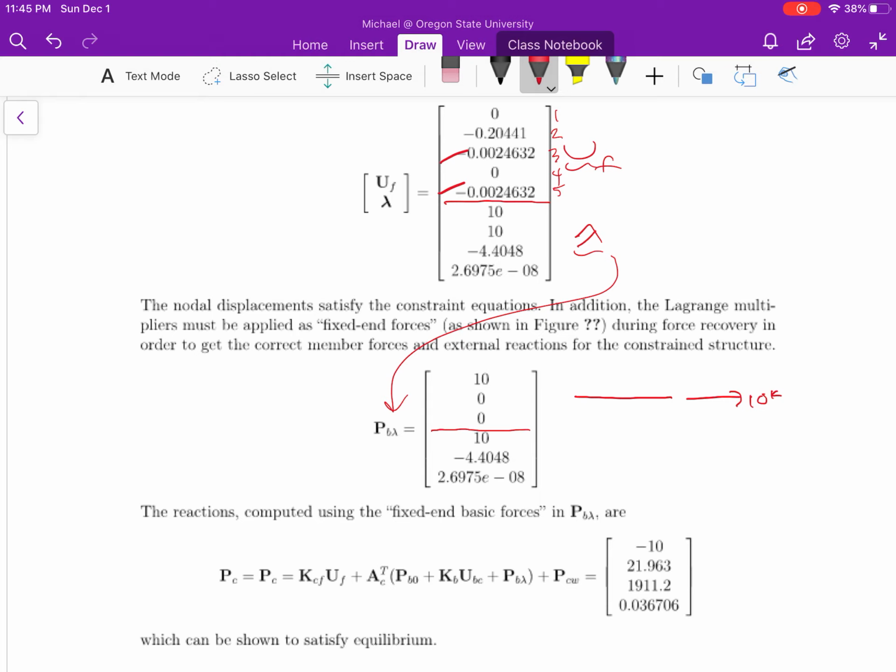And then the next three Lagrange multipliers are due to the three constraints of element 2. 1 for axial, 2 for flexural. That's 10 kips there, and 4.4048 kip inches there, and then basically 0 at the other end.